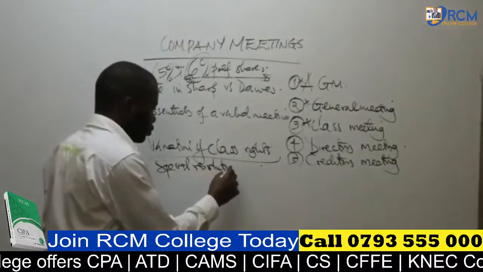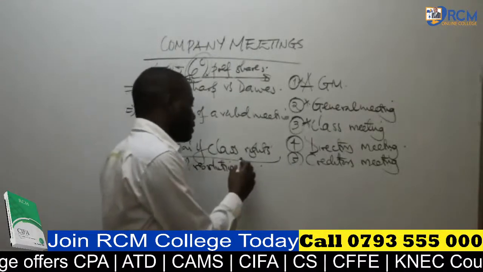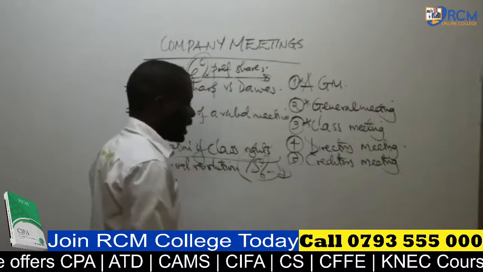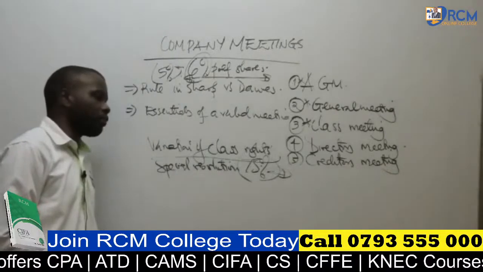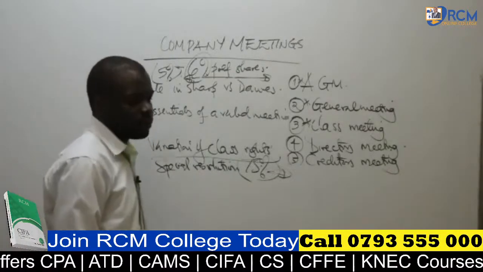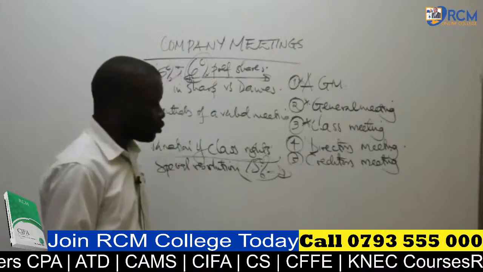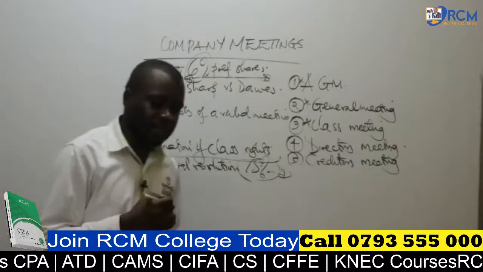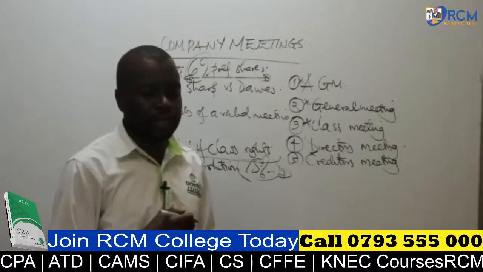What is a special resolution? A resolution that is approved by a supermajority, or at least 75% of the members who are entitled to attend and vote at such a meeting. So we've said the company cannot just vary the class rights. It has to consult the members of that class of shares.